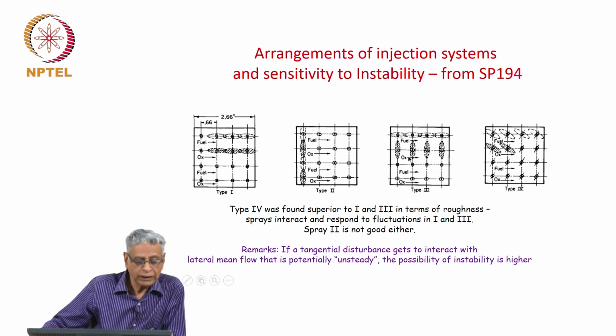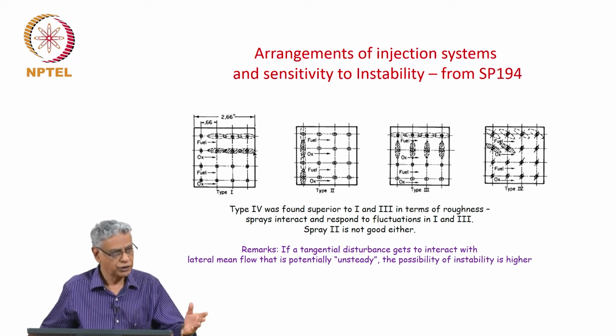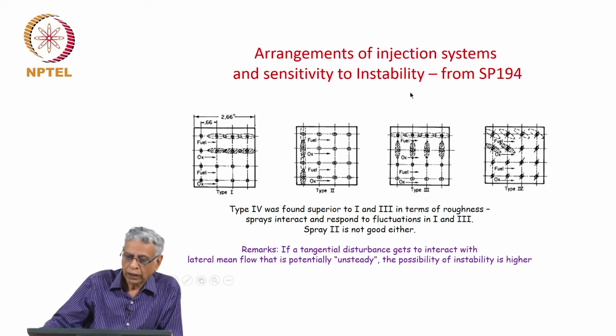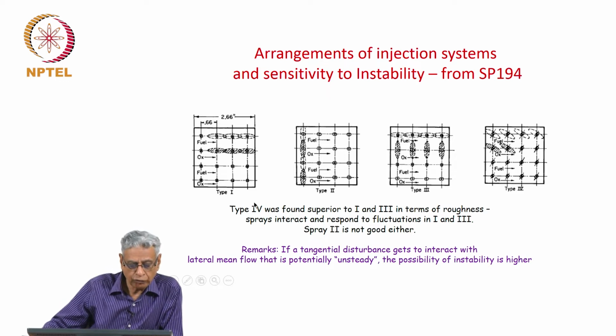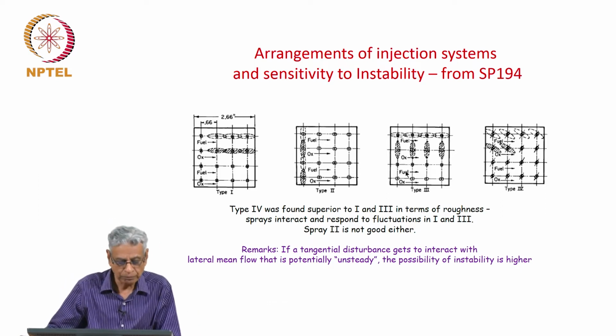Now, they have found in these experiments, where they have used sometimes gaseous oxygen and gaseous fuel like methane and oxygen and so on, that the results for 1 and 3, as you see here, are pretty rough, rough meaning essentially tending towards instability.